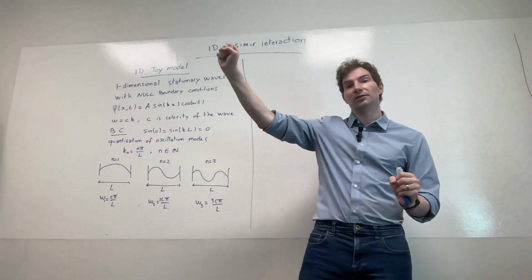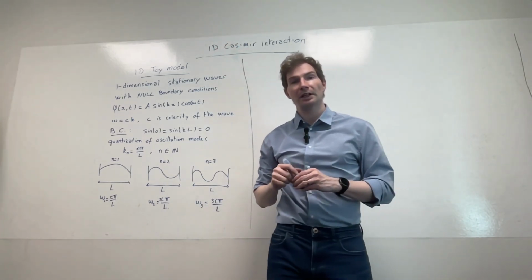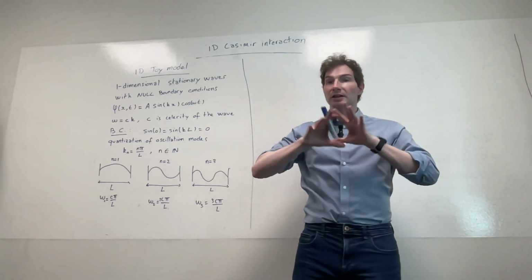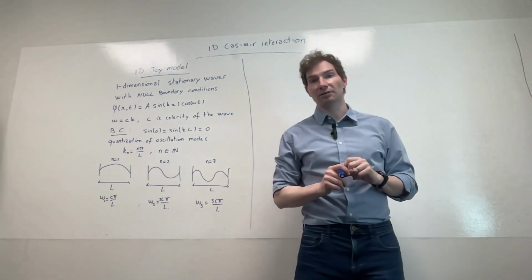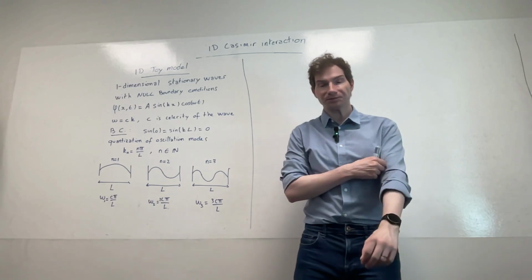So correlated at infinite distance, that's rather what I mean. And so in that case, you can get a very Casimir-like effect in such systems.